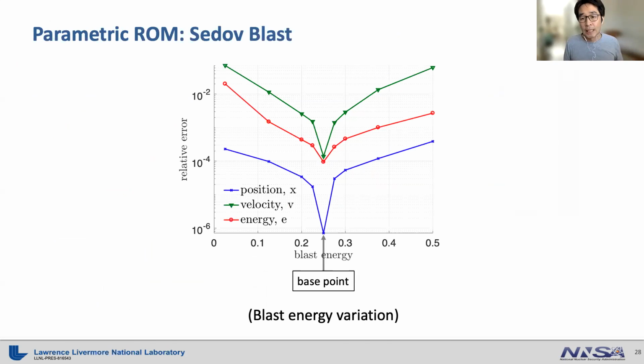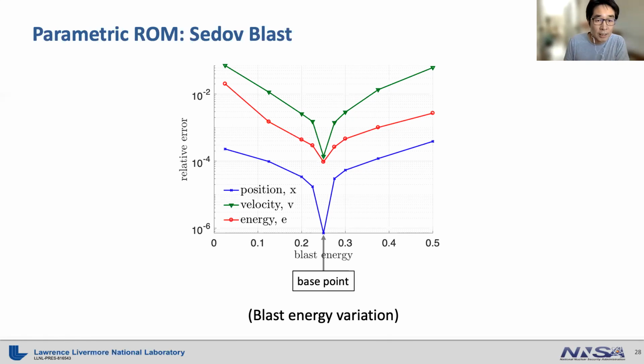The reduced model is not useful if we can only reproduce the full order model solutions. So in order to demonstrate the predictability of our reduced order model, here we have varied the initial blast energy from some small number to 0.5, and the reduced model was generated at 0.25, and we plot the graph of the relative error.